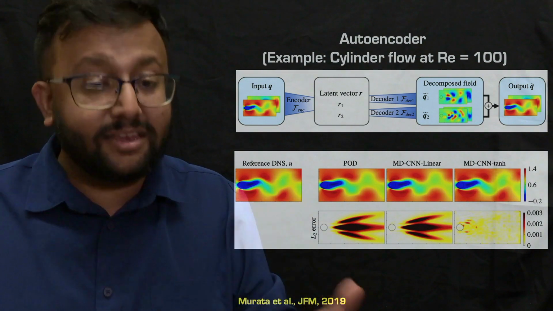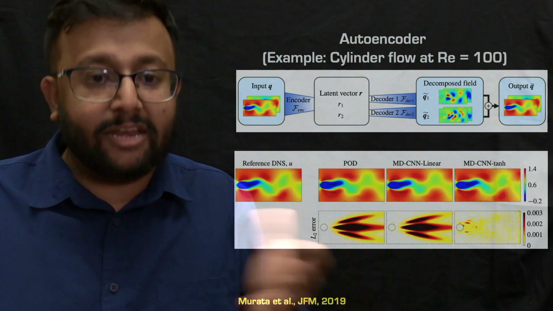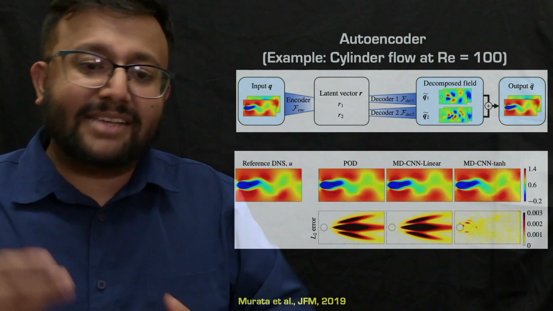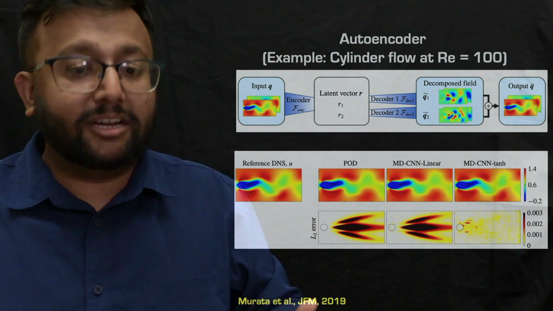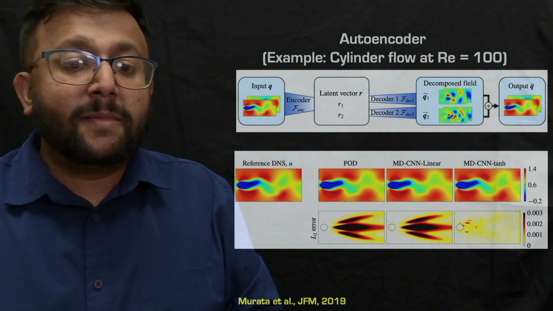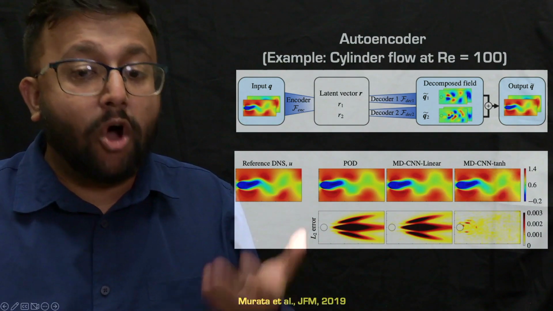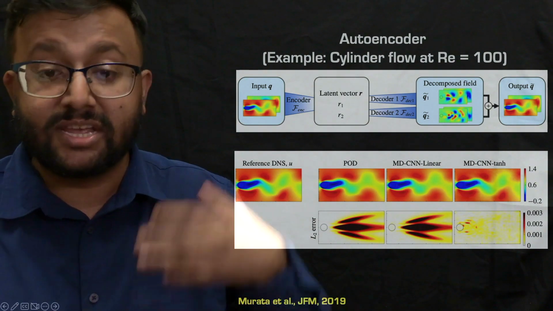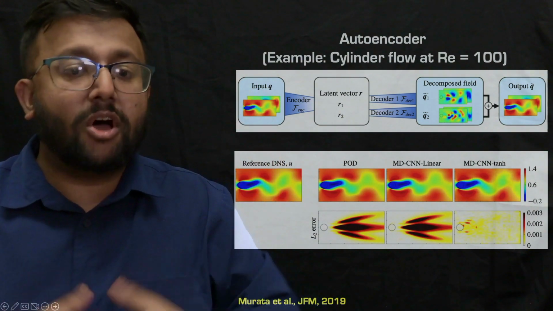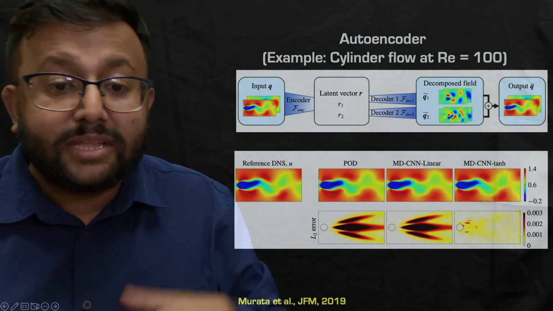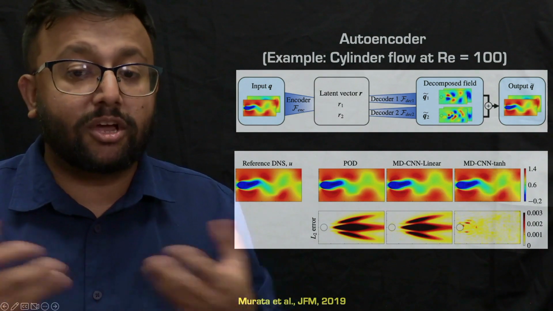You have this linear network without any nonlinear activation functions, and they produce essentially the same flow field with very similar L2 errors, right? And the moment you introduce this nonlinear activation function, which is tanh, which performs this nonlinear transformation of the data, you can see that the error is reduced a lot.